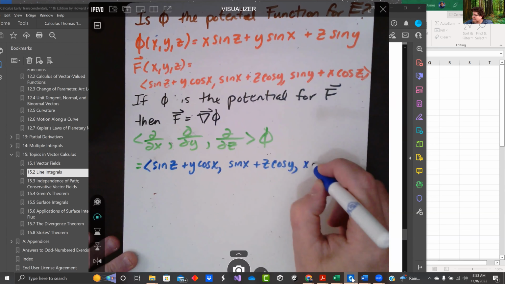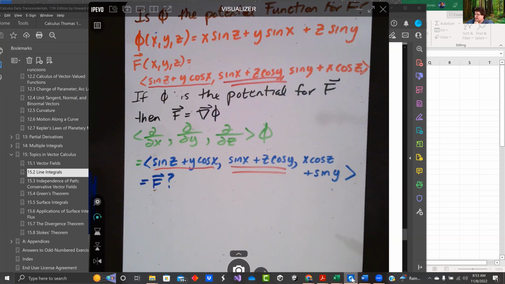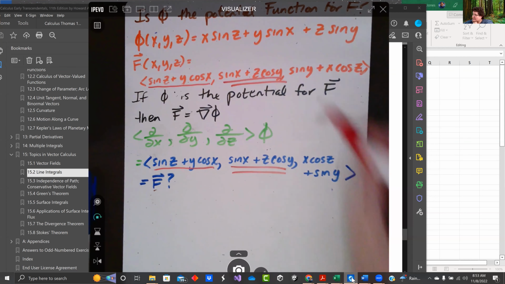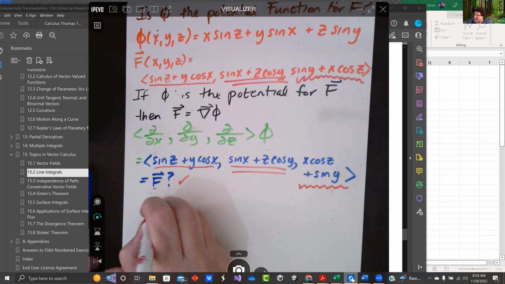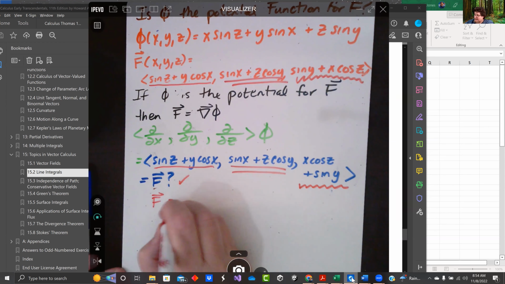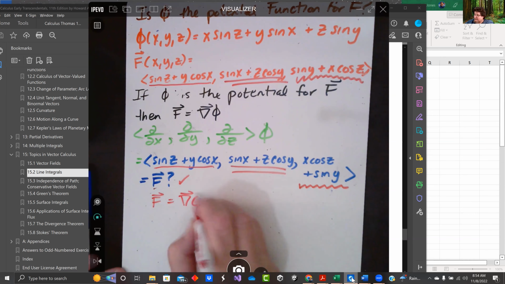I've got sine x plus z cosine y, that's a match. And this says sine y plus x cosine z. If I switch the order, I would have x cosine z plus sine y, so that's a match. So yes, this is F. And that means phi is the scalar or the potential function for F.